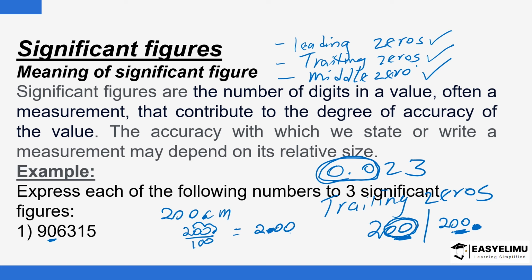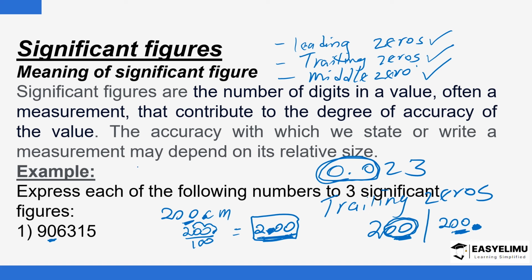So it means the accuracy that is required is up to the second decimal place. So you'll have to state the number that way. That's the essence of significant figures. In trying to convert that number, you'll have to include the 2 zeros. The level of accuracy or the level of precision that is required.